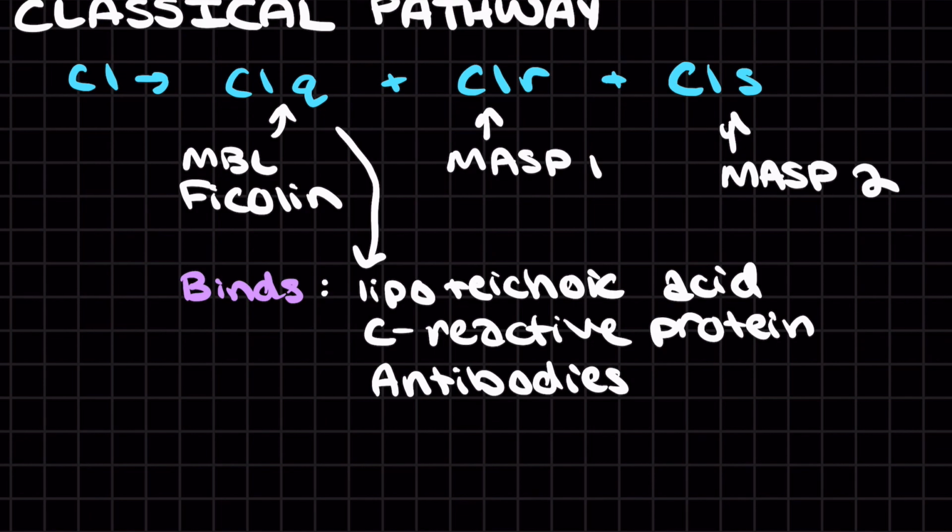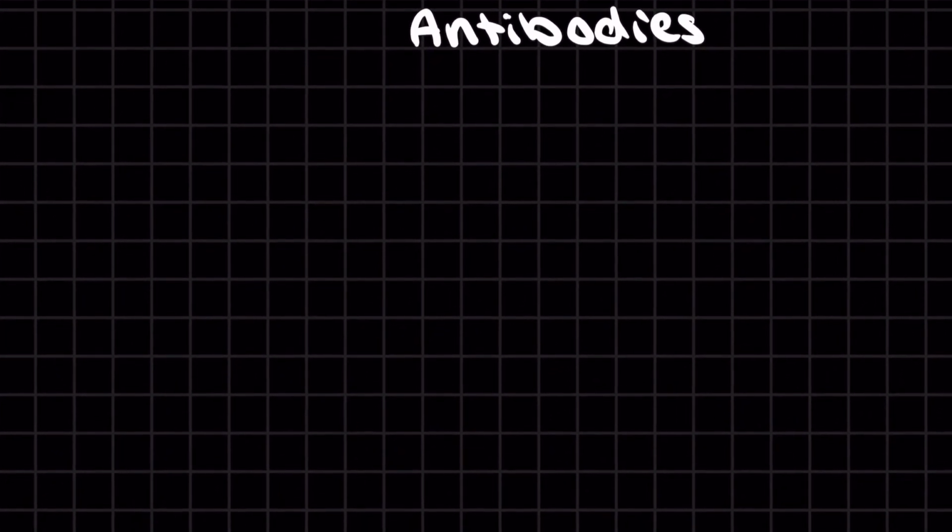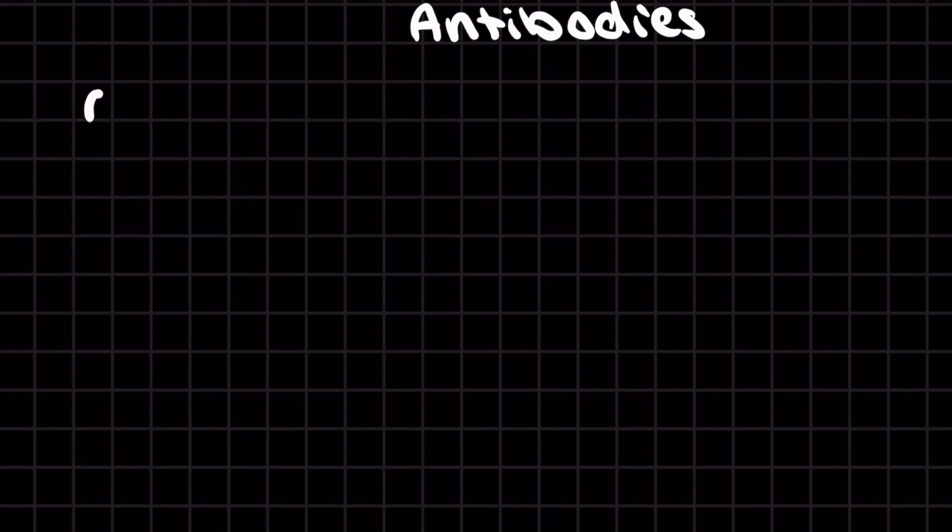So even though the complement cascade, the complement system, is generally considered an innate immune defense, the classical pathway kind of breaks that convention in that it activates most frequently after the innate immune response has first initiated. But let's actually talk about how this initiation works, and it will seem very familiar.